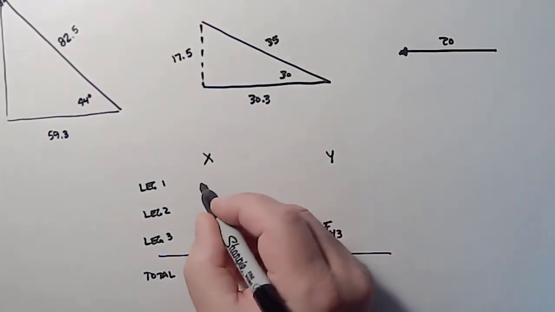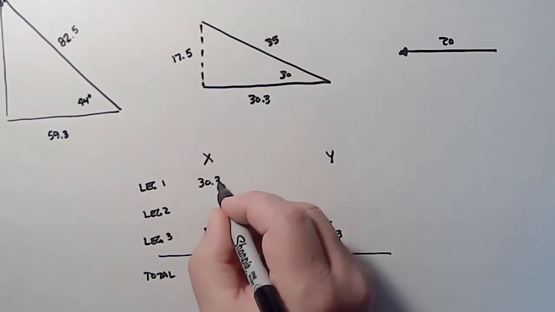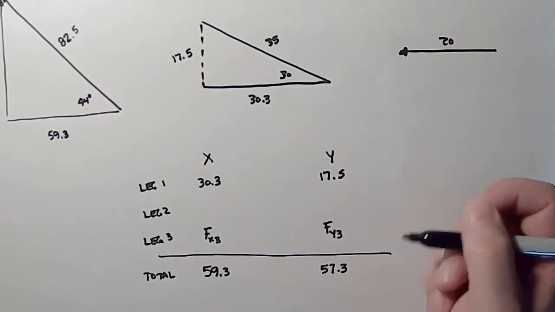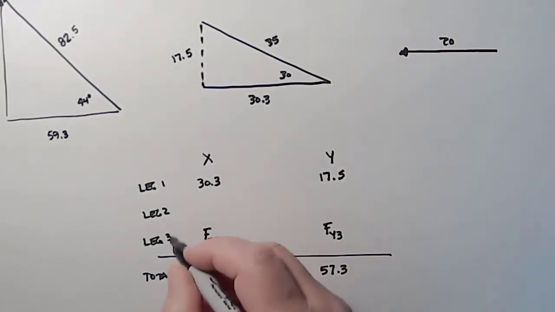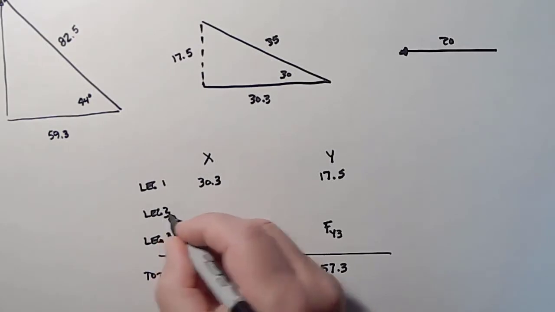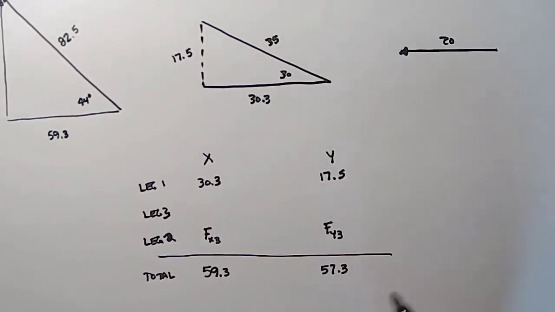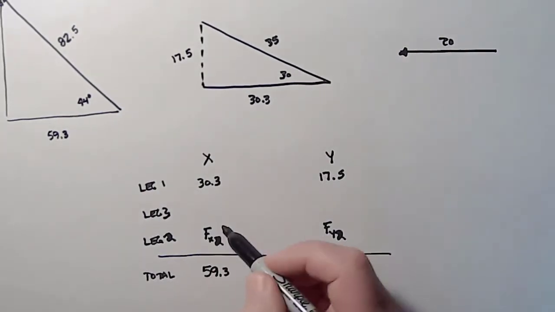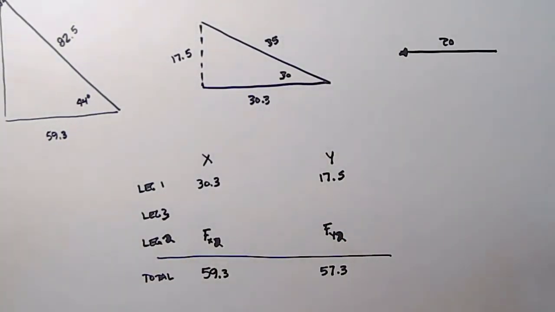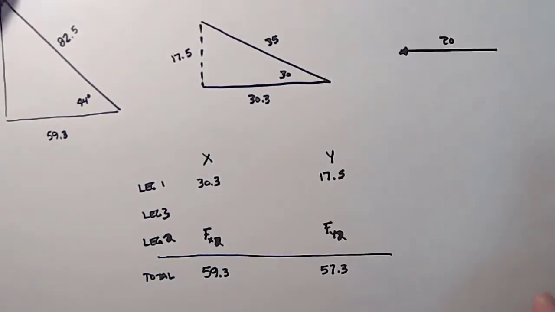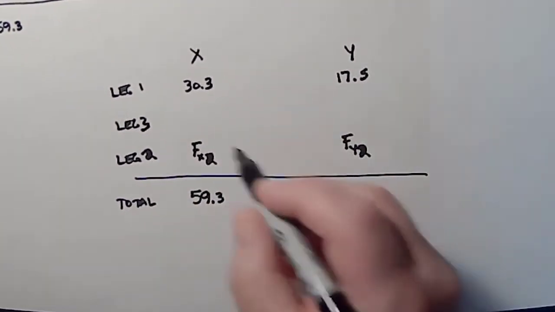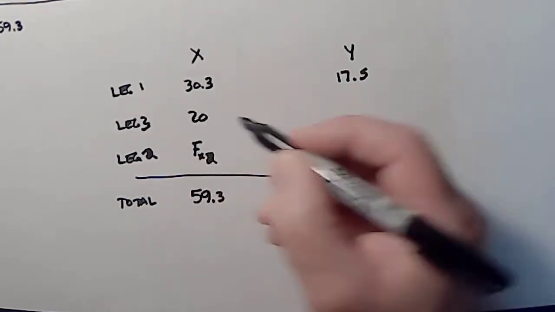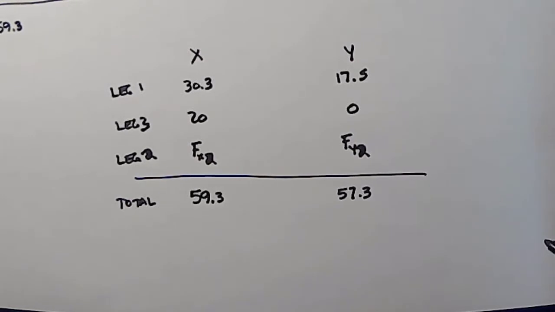For leg 1, I know this one is 30.3 and this is 17.5. And by the way, I've got this backwards. I know leg 3. I don't know leg 2. Let's fix that. Leg 3, 20 in the x direction, 0 in the y direction.